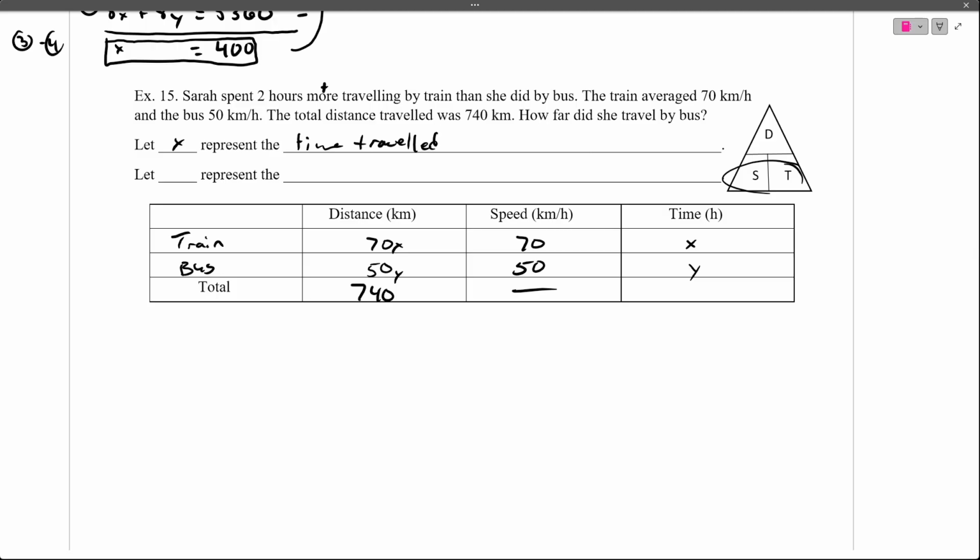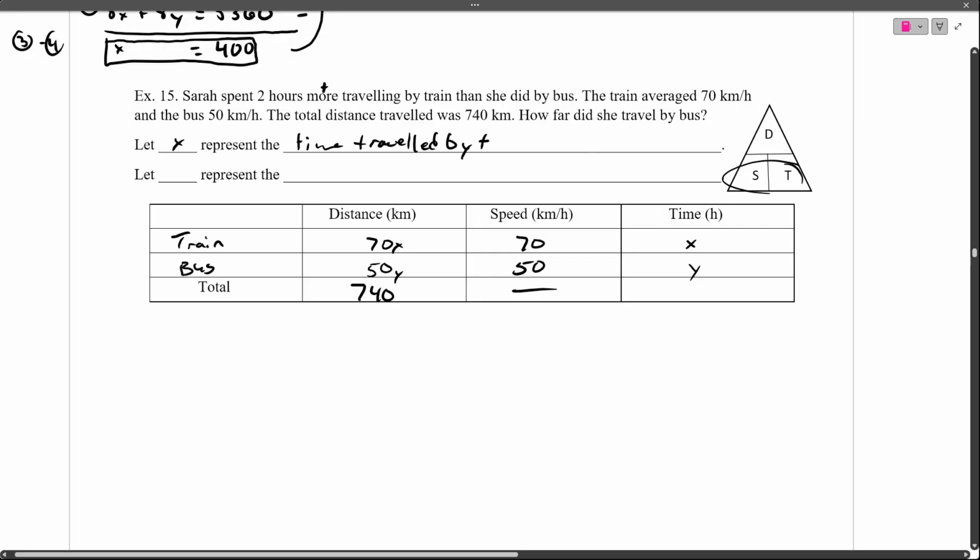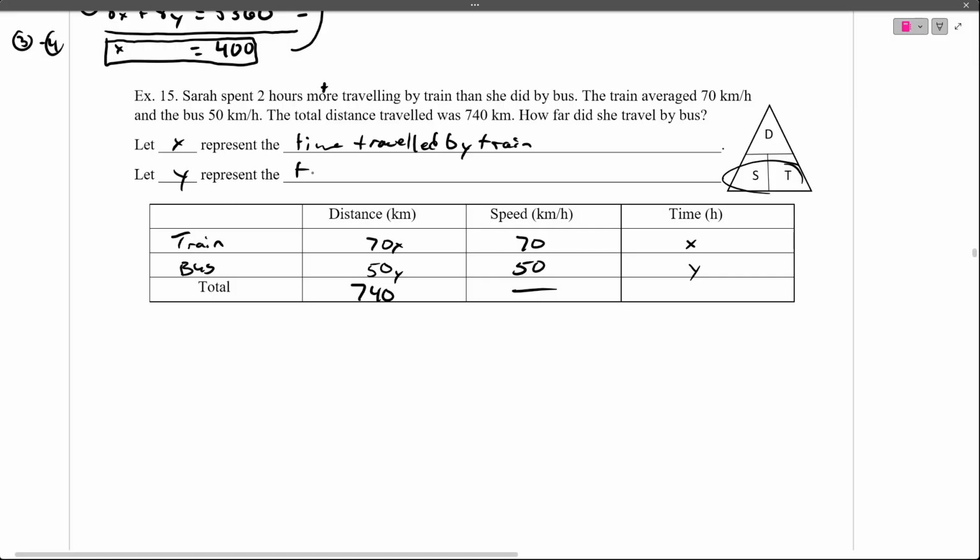That's okay. We can still figure this out. Time traveled by train. And y represents the time traveled by bus. All this is doing is making the math a little bit simpler to work with. You can absolutely go the other way we were a second ago and you won't have any problems as long as you don't make any mistakes.